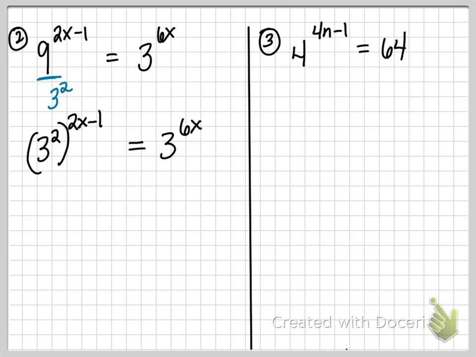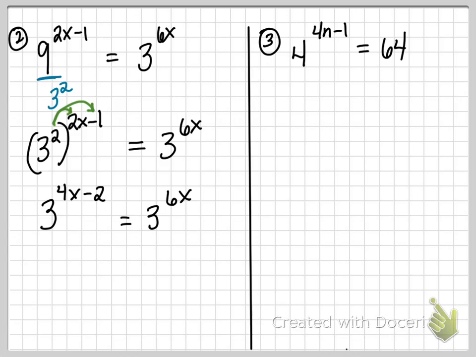Now watch here, because you need to be careful. We need to distribute that 2 to both terms that are outside. So when we set our new base, we'll have 3 to the 4x minus 2. Don't forget that step. Equals 3 to the 6x.